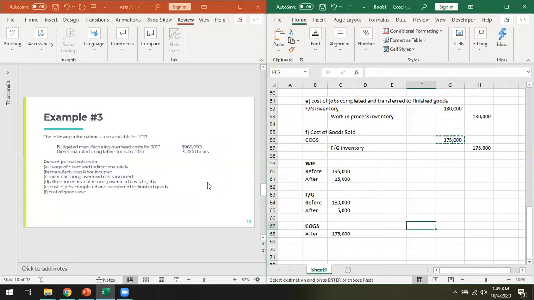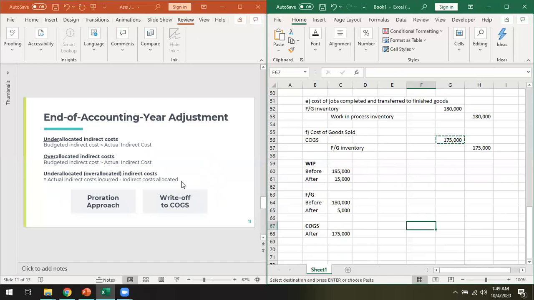So we already know how to calculate the total manufacturing cost in job costing using actual costing and normal costing. We have also learned how to record the journal entries regarding the job costing transaction. And last but not least, we have to learn how to make an end of accounting year adjustment.